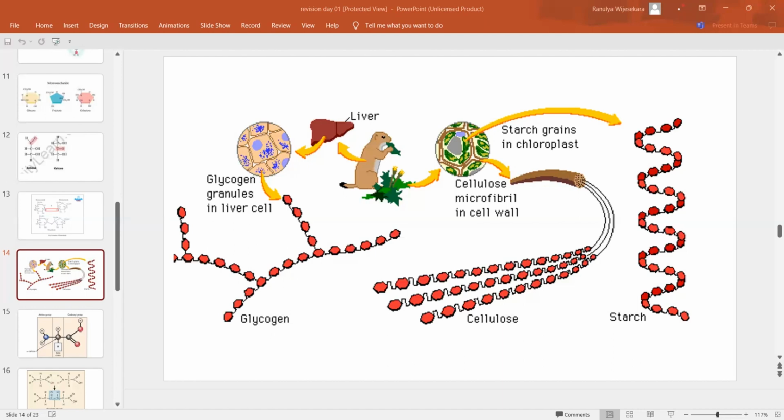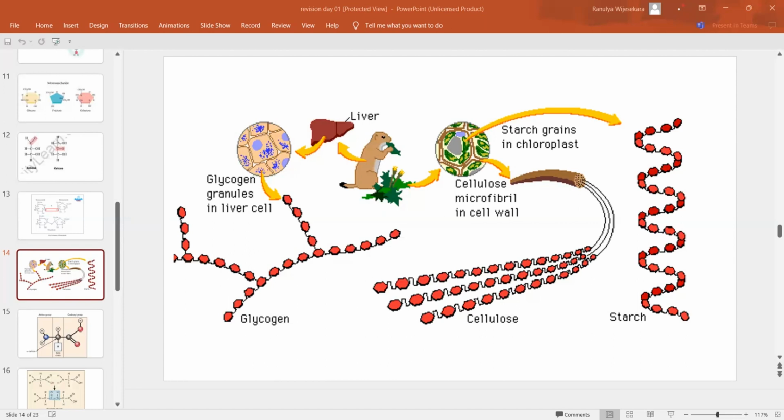Fourth one, there are three major groups of carbohydrates. Monosaccharides.